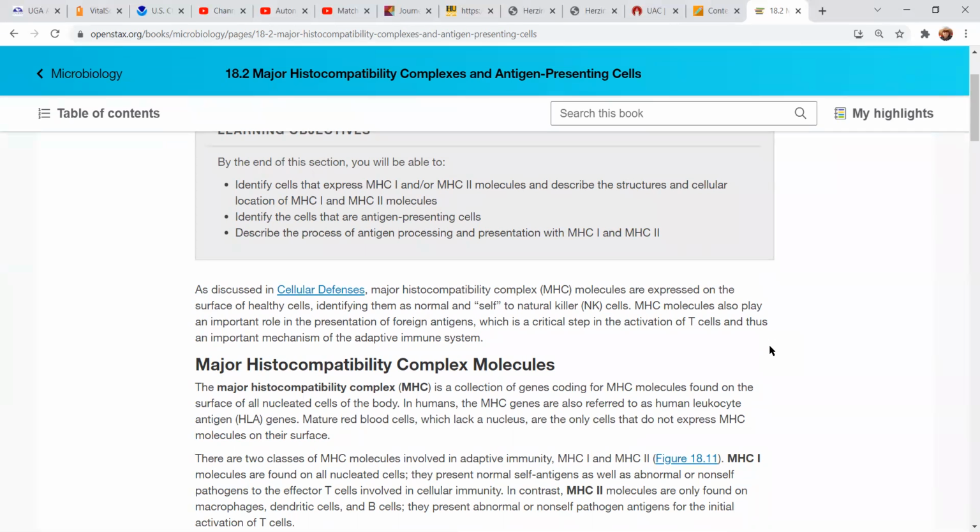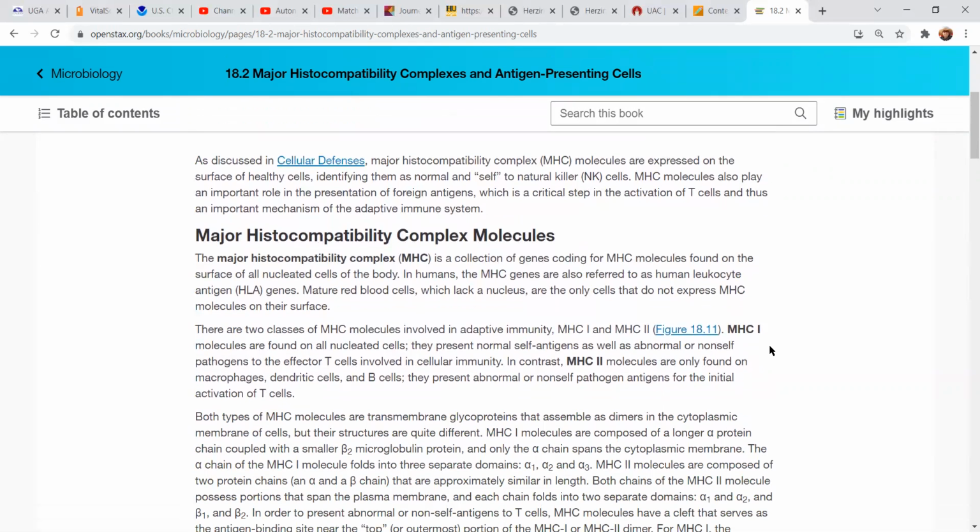But MHC molecules also are important in presentation of foreign antigens. So they can be used to tell the immune system, hey, something is wrong here. And this activates T cells, which then activates the entire adaptive immune system.